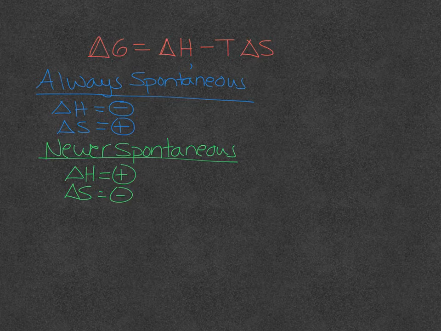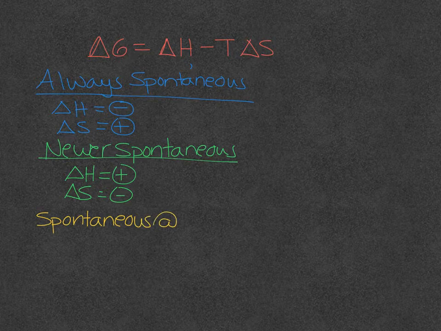Then we have where we hit on one factor but not the other, and then it will depend upon temperature. So this one will be spontaneous sometimes, and we'll figure out at what temperature in a moment.